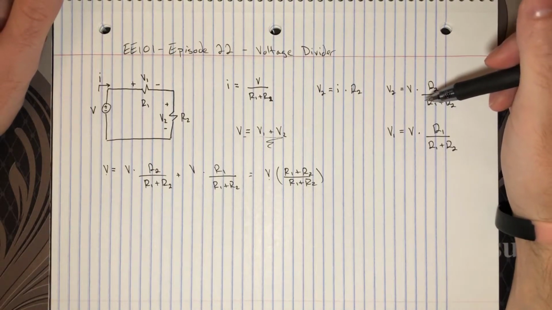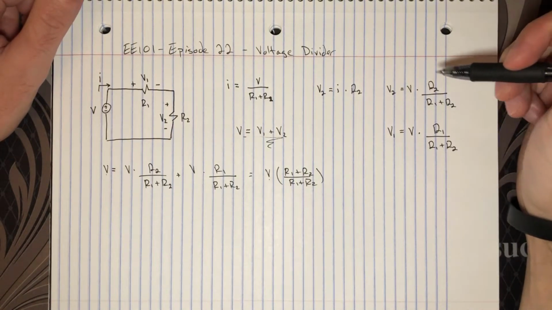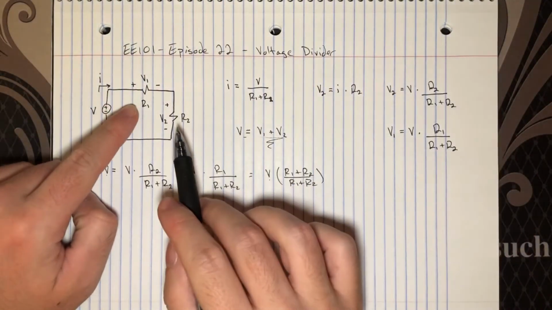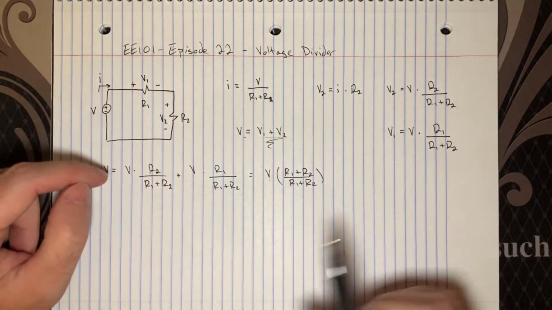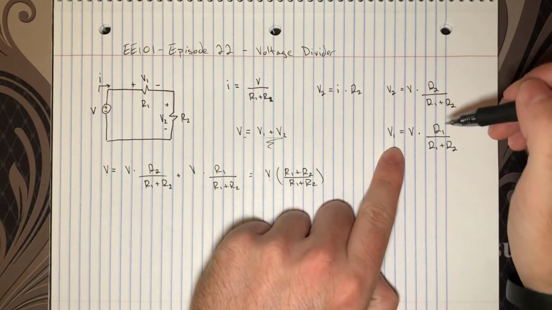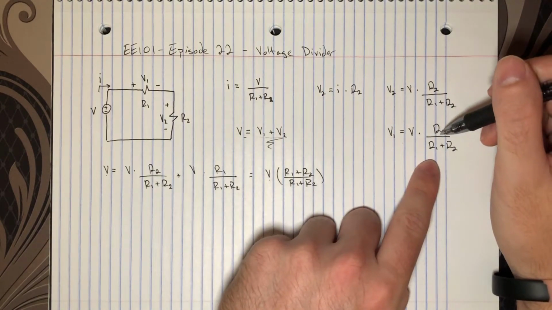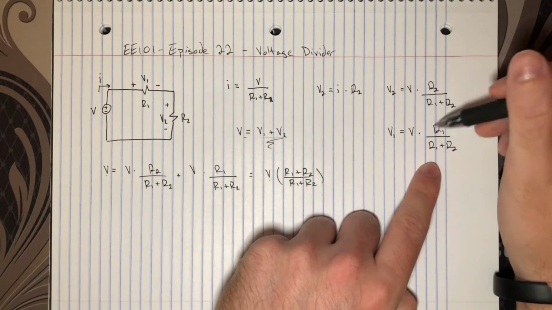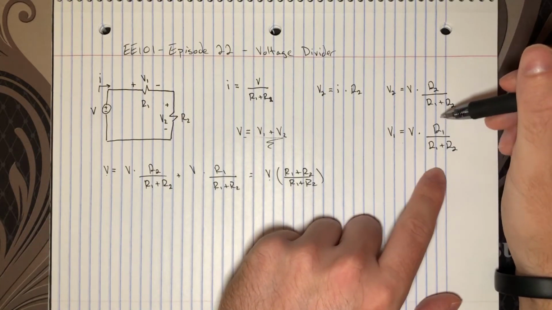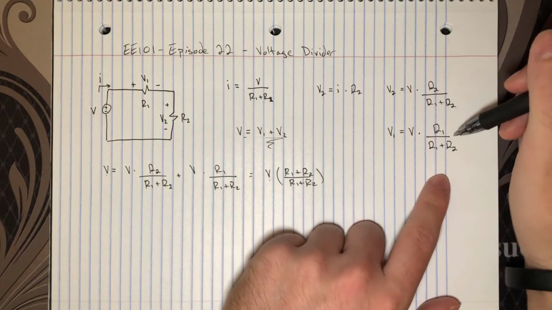I guess another intuitive discussion we can have quickly is what happens depending on the sizes of these resistances R1 and R2. If you look at V1 for a moment, this ratio R1 over R1 plus R2 is some number less than 1 for any real positive resistances R1 and R2.